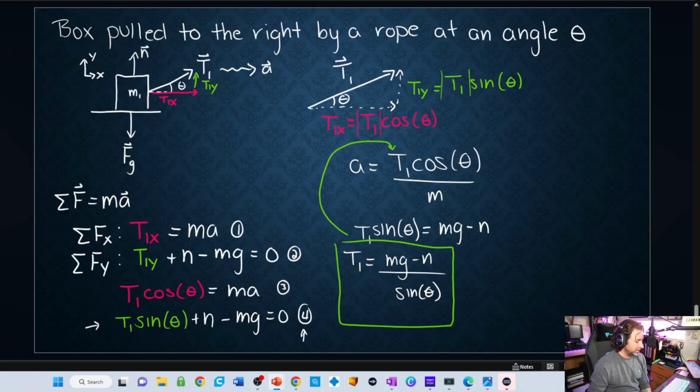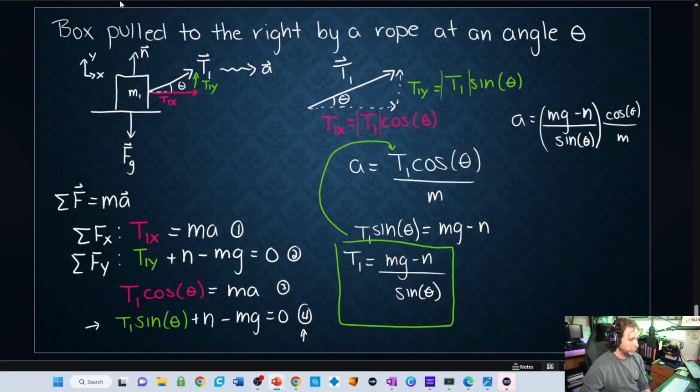So like we would take this T1 here. Let's just finish this. I like finishing problems. So let's see. Acceleration is equal to mg minus N over sine theta. That's an N right here, not an H. So we get cosine theta, and then you can do some simplification here if you wanted to, but you'd get the same answer.